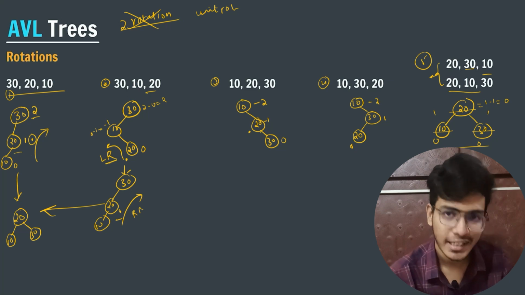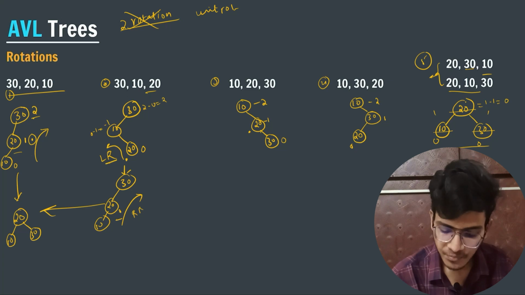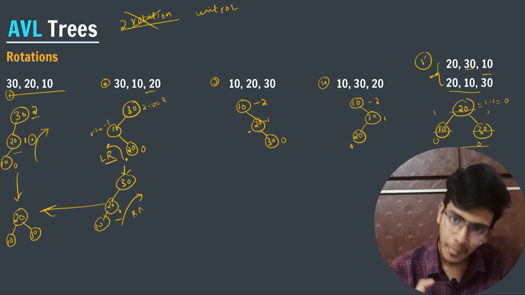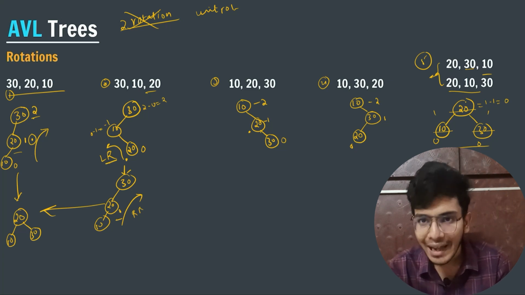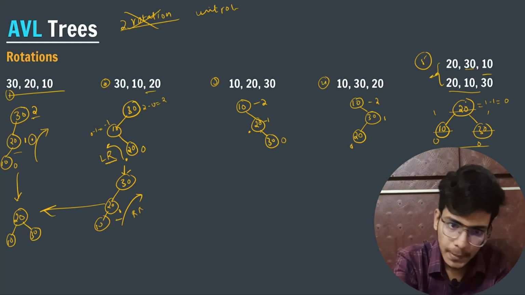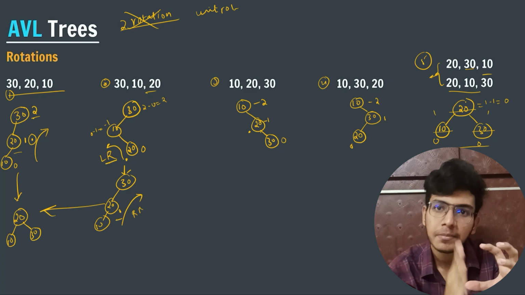That is totally wrong. It will not be a valid BST. It doesn't follow the properties of a BST if I perform a right rotation. That is why I need to perform my left rotation, because it has to satisfy the property of a BST, and at the same time my 20 node should become the root node.